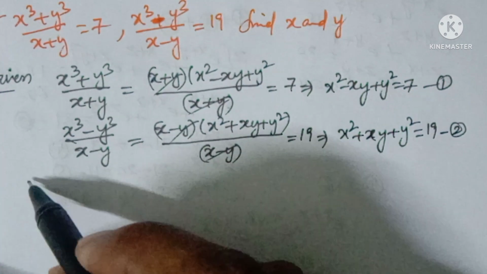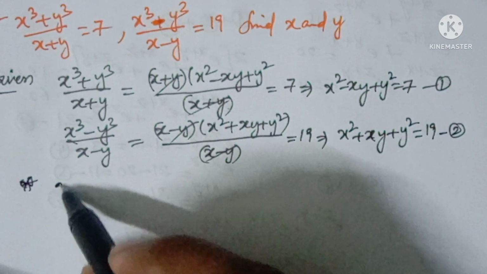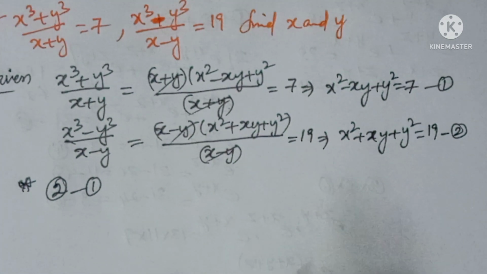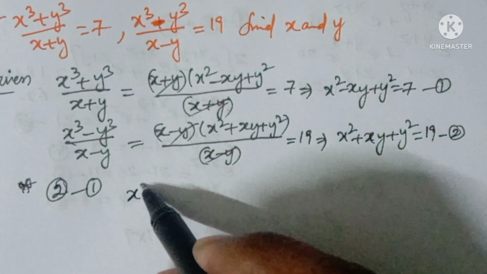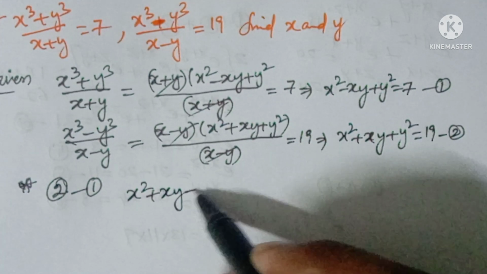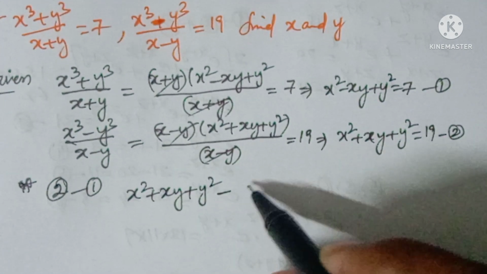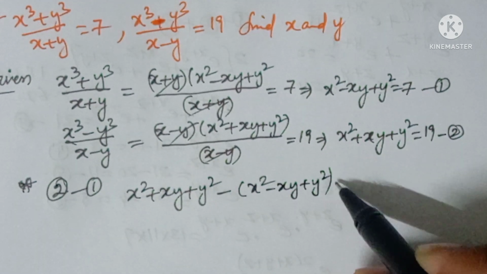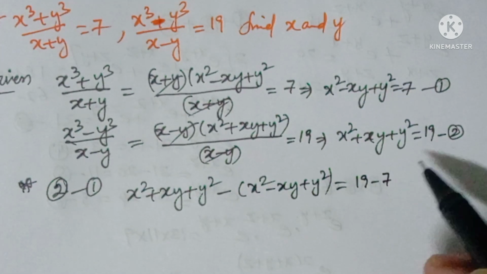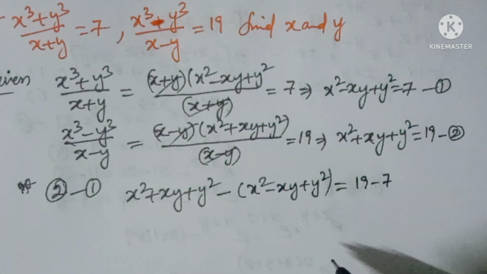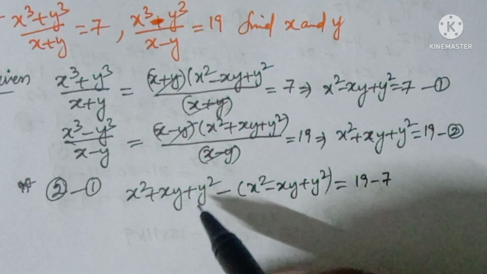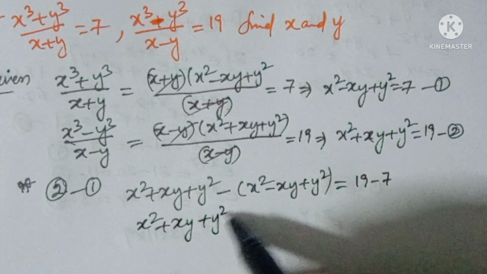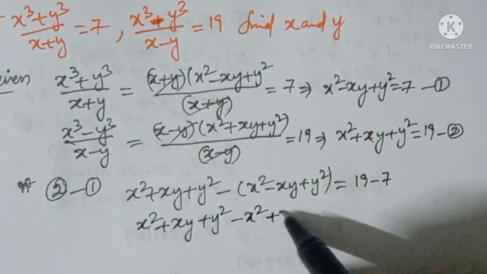Now this step is very, very important. Second one minus first one. Subtract the first one from the second one. So (x² + xy + y²) − (x² − xy + y²) = 19 − 7.